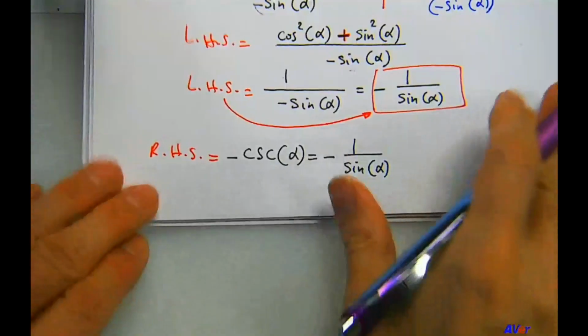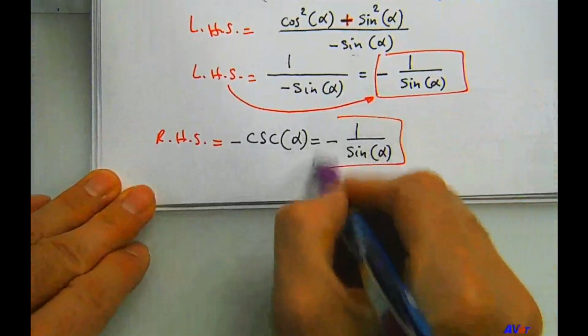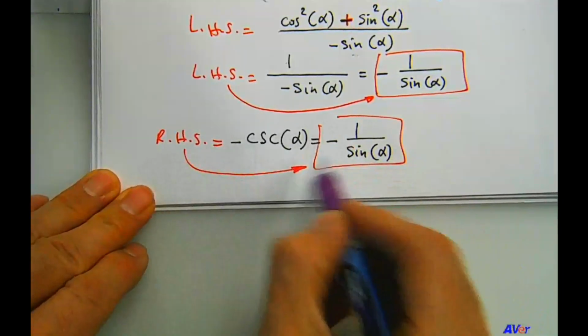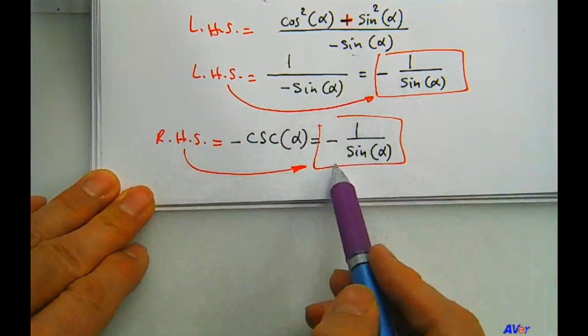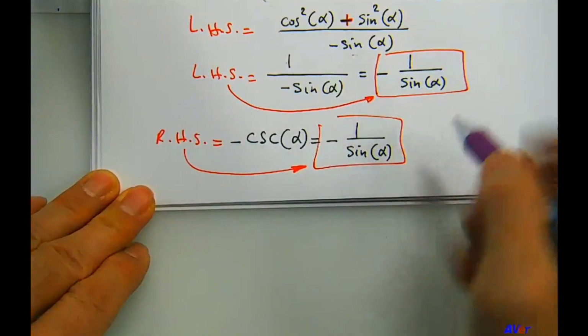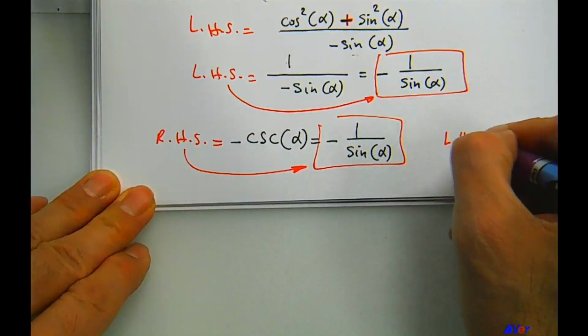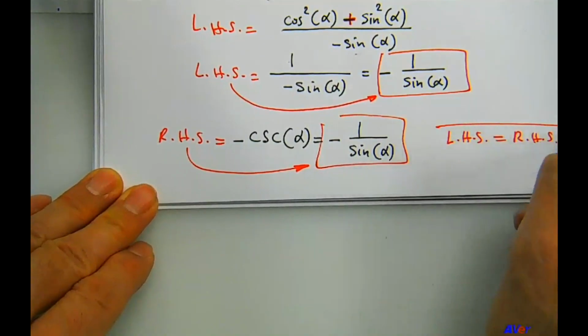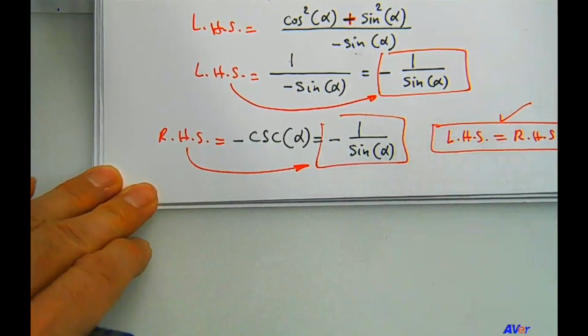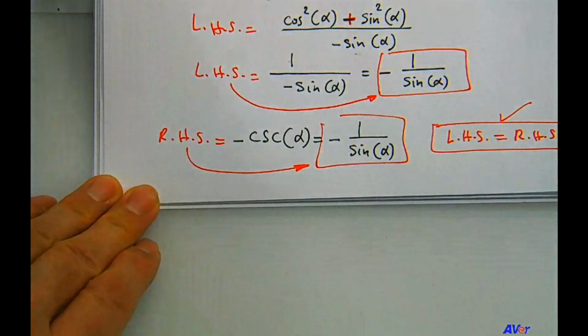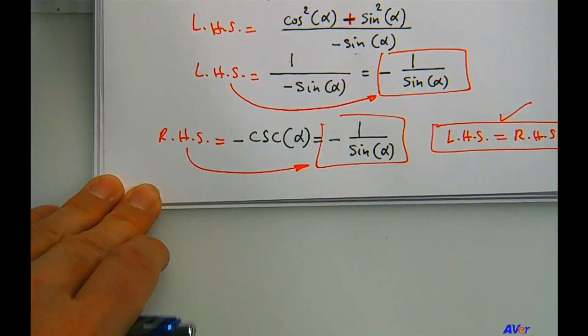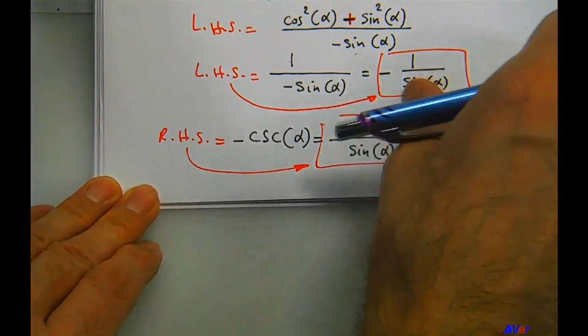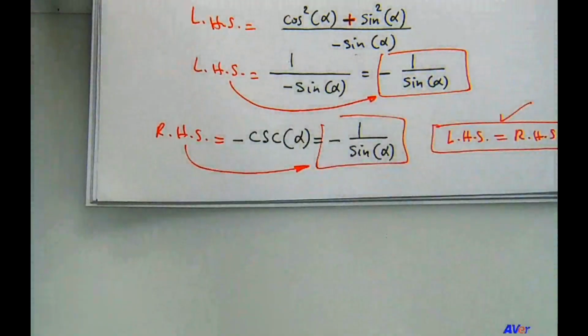And this is the right-hand side, right? That's the left-hand side. This is the right-hand side. Compare them. So left-hand side is equal to right-hand side, and we have been able to verify the original equation. Okay, so that's that.